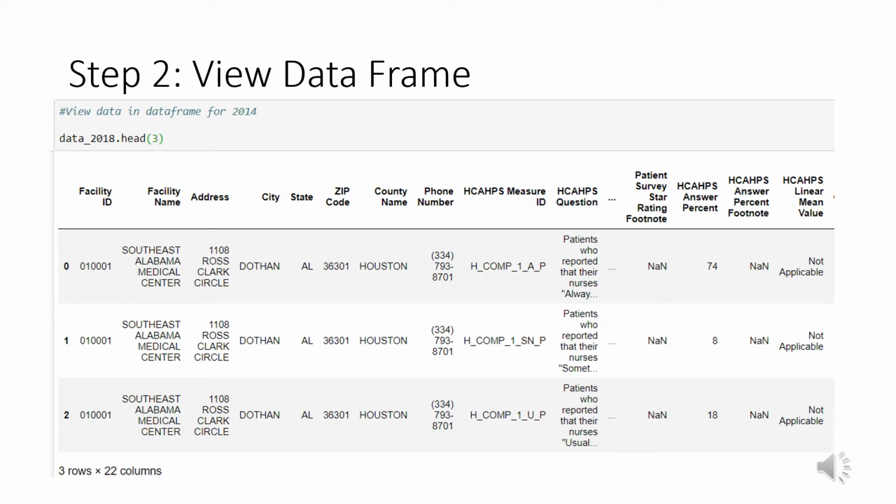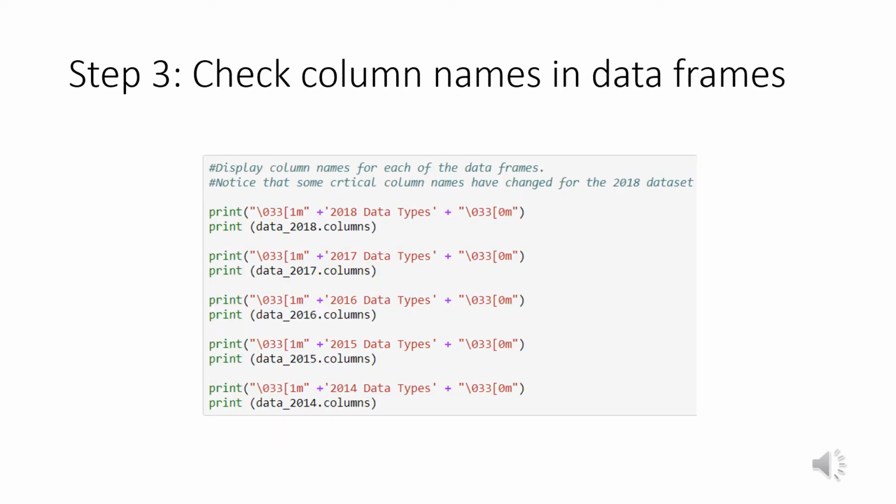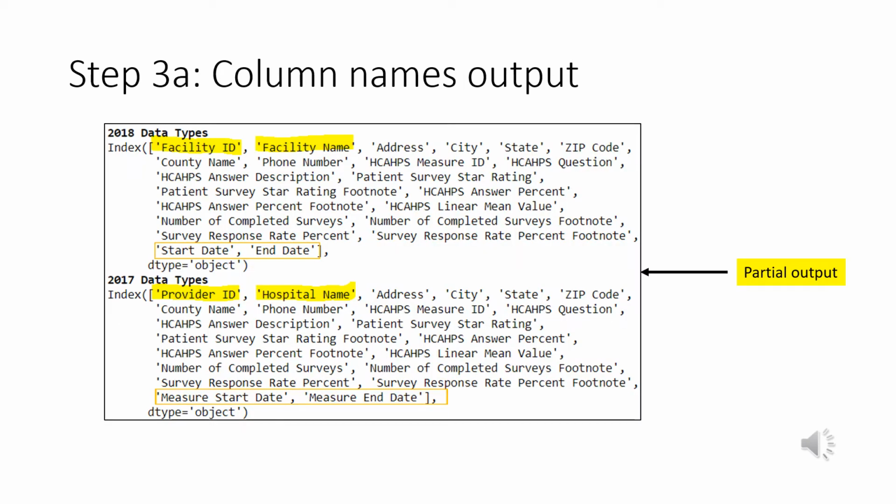This slide displays a snapshot of one of the data frames. We need to check the column names in the various data frames. You'll notice that in 2018 some of the column names changed. This slide shows you what the column name changes were.